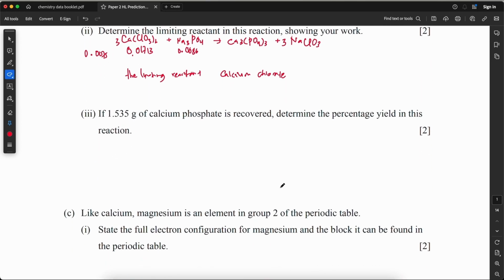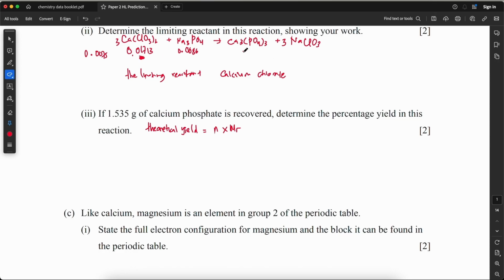If 1.535 gram of calcium phosphate is recovered, determine the percentage yield in this reaction. So we need to find the theoretical yield of calcium phosphate, which is n times Mr. As we already know, this one is the limiting reactant.